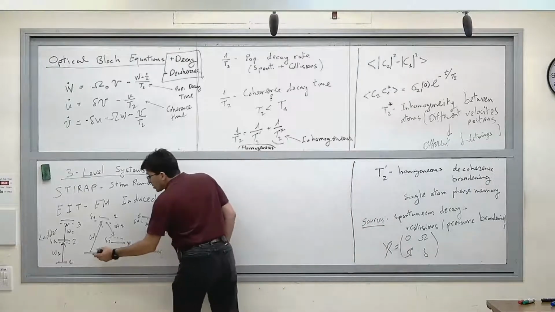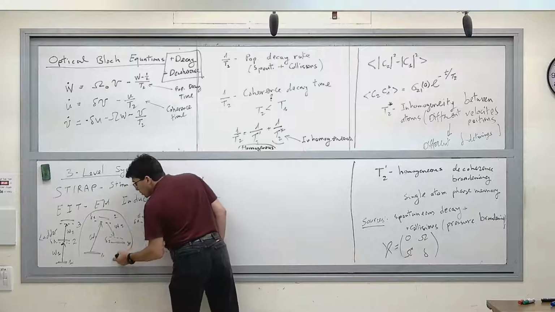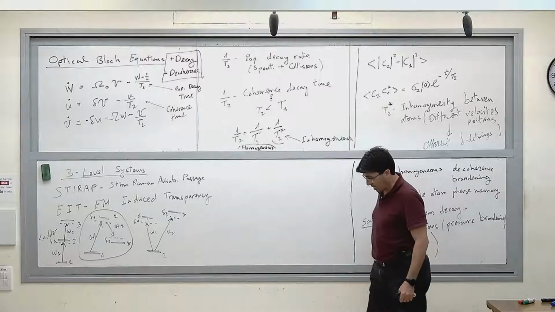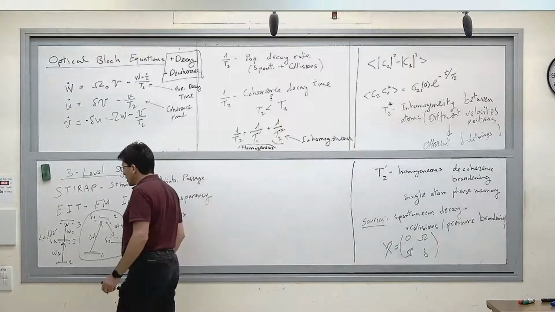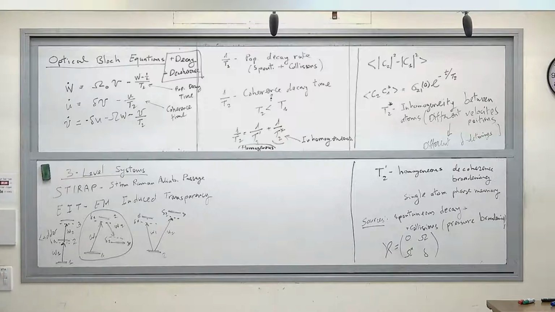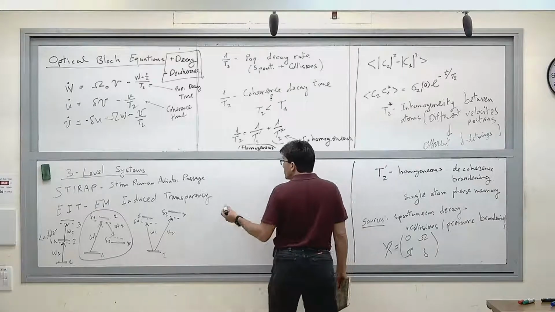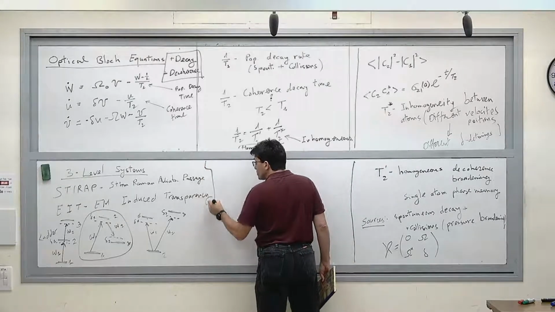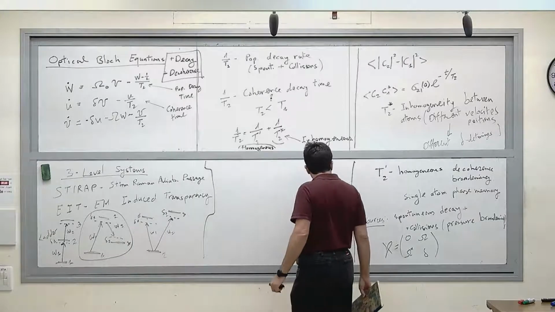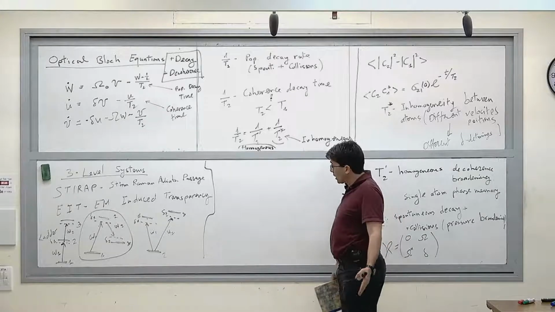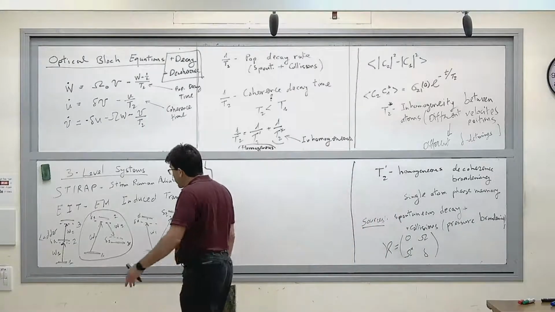We're going to focus on the lambda system, but I'll show you very quickly why it just doesn't matter. Let's think about this. I want to ask myself how the Hamiltonian looks, so I have three levels.